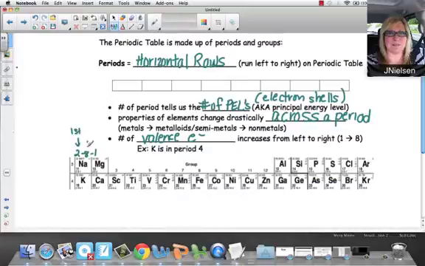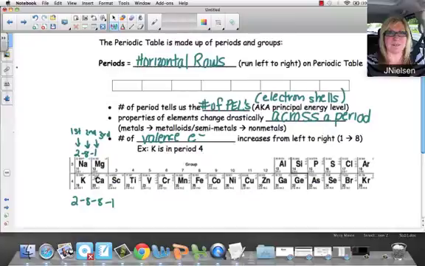This is the second principal energy level, and this is the third principal energy level, just as we discussed in the last unit. Period 4, potassium, is 2, 8, 8, 1. So it has 4 principal energy levels. So what the period number tells us is that every single element in period 3 has 3 principal energy levels. All the elements in period 4 have 4 principal energy levels.